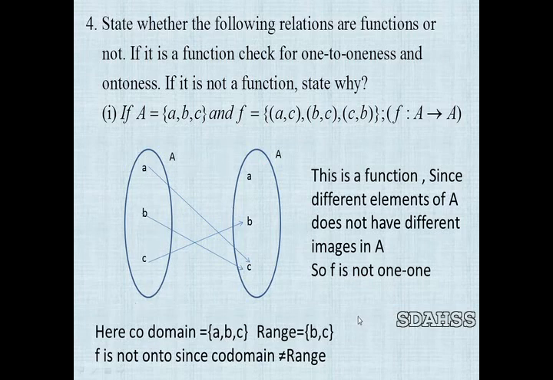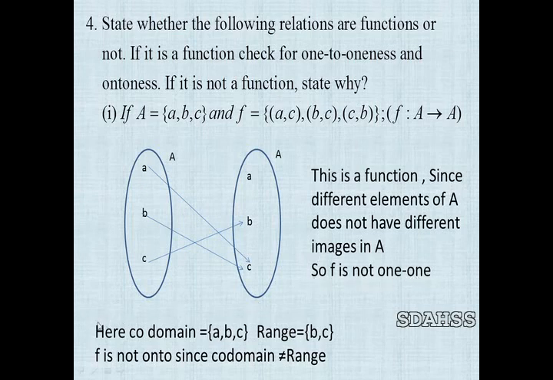Then you want to find one-to-oneness and onto-ness. For one-to-oneness, different elements of A do not have different images in A, so f is not one-to-one.